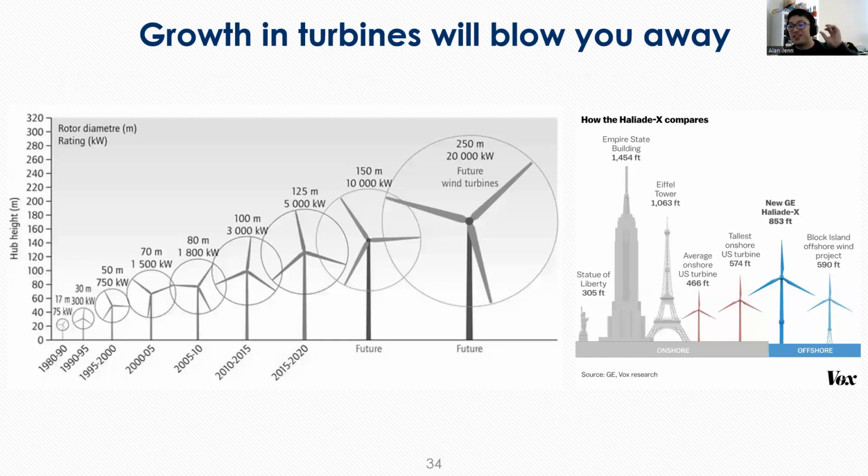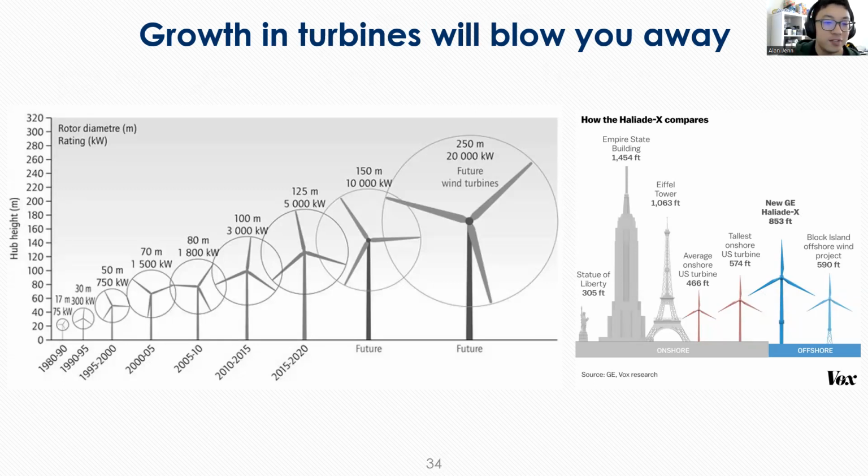All right, these things are big. When I was first getting into the energy field, the really big turbines we talked about were like the 3 megawatt turbines that are 100 meters high. But now we regularly talk about 5 megawatt turbines and even larger, especially for the ones that are offshore. Those things can be quite large.